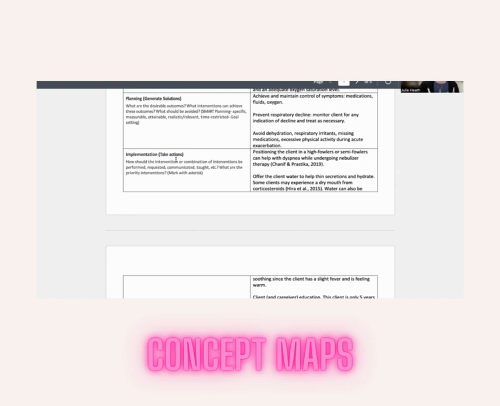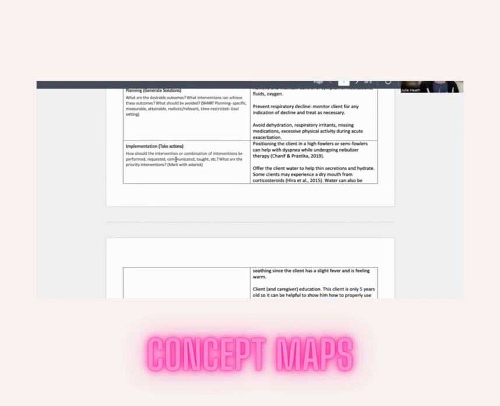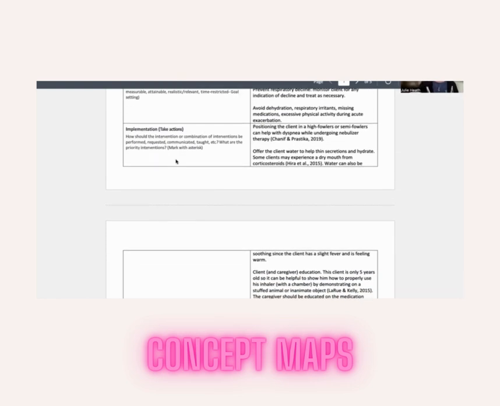They also miss on taking actions. How you're going to achieve the SMART goals is what are you going to do? For example, how should the intervention or combination of interventions be performed, requested, communicated, taught? Those are very important words here. That's what they're looking for here.